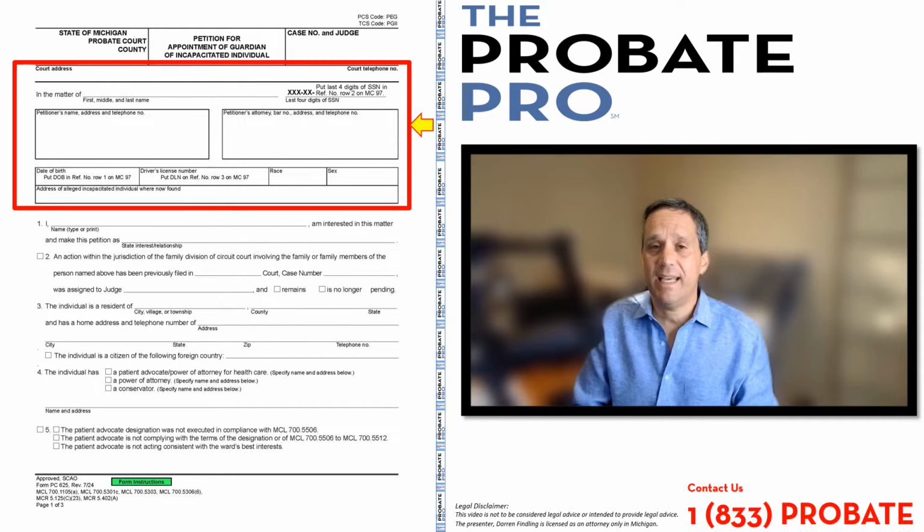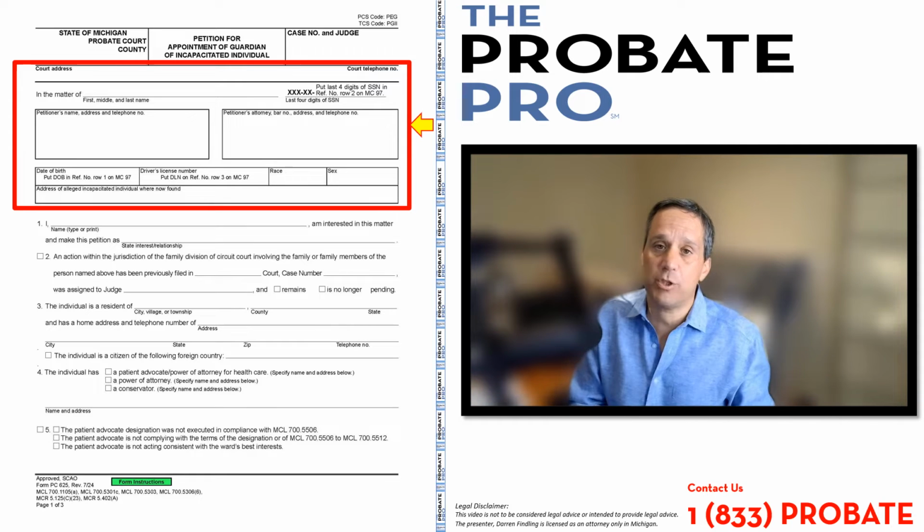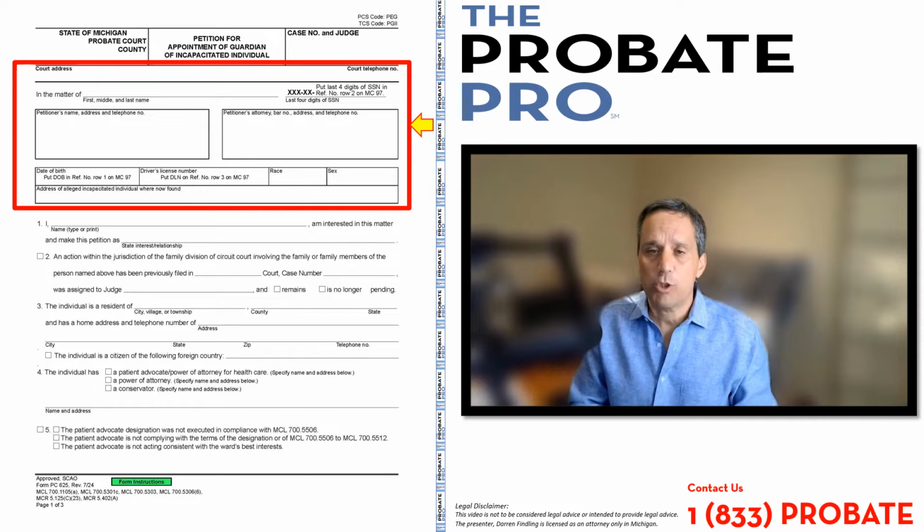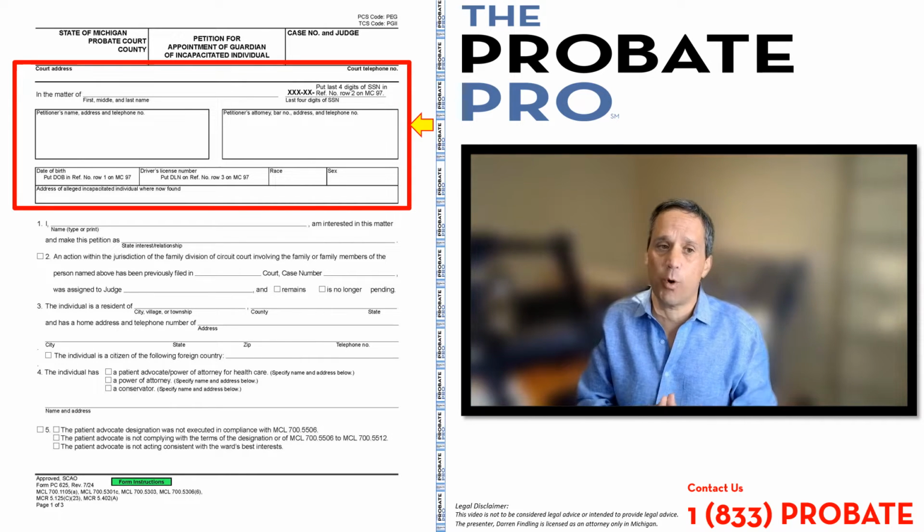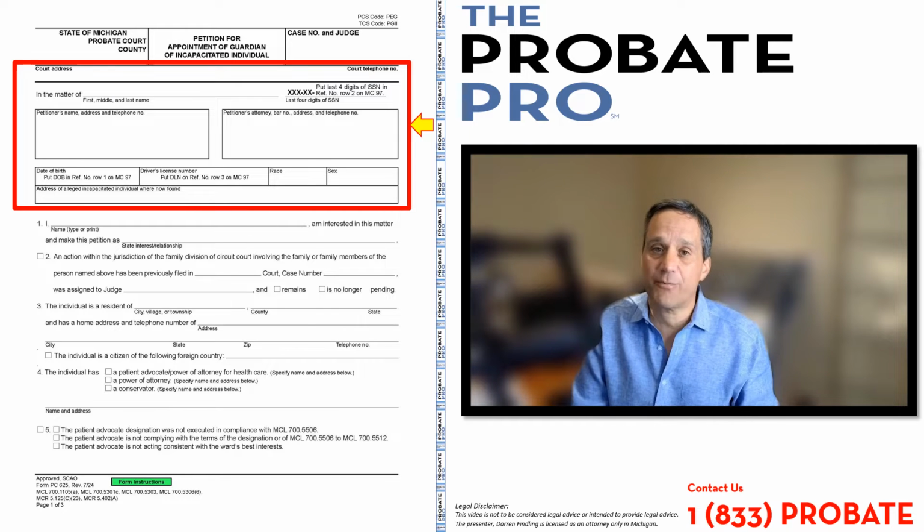This again is a SCAO form that you have to use for this personal protected information so that it is not public information, the information about the dates of birth or Social Security numbers of the individual.